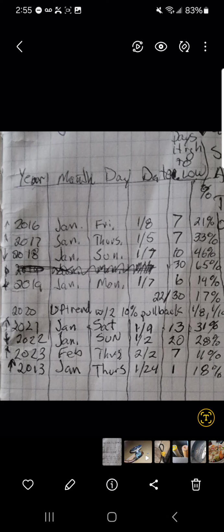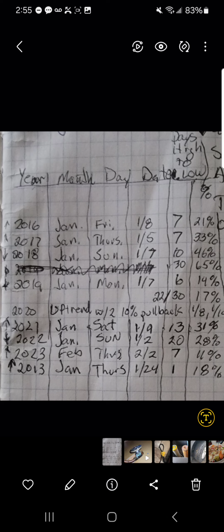I remember there were two 10% pullbacks. I don't know why I wrote W/2. Anyway, that means two 10% pullbacks, one on the 8th and one on the 14th. Maybe they lasted 2 days. I don't know. Whatever. So we did have a couple tiny little pullbacks in 2020.